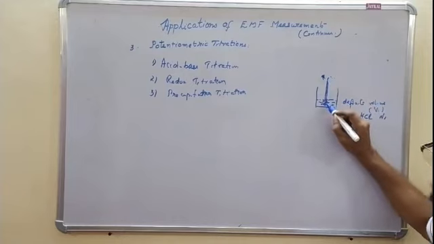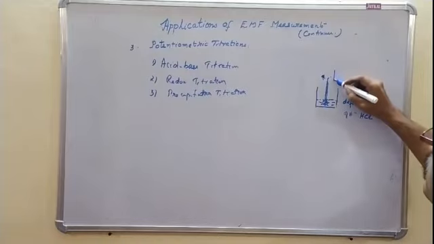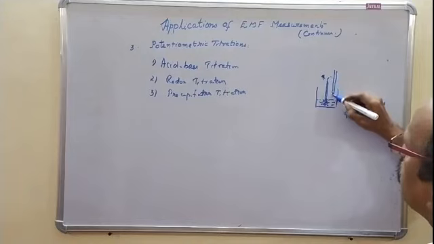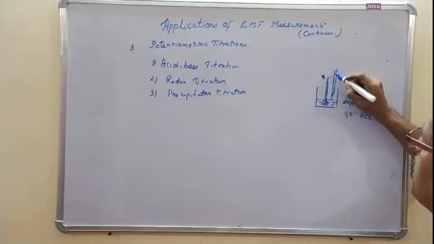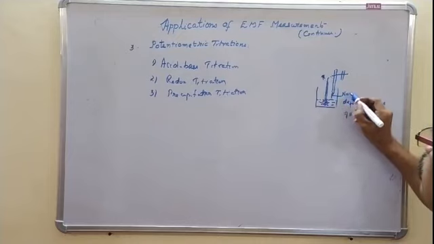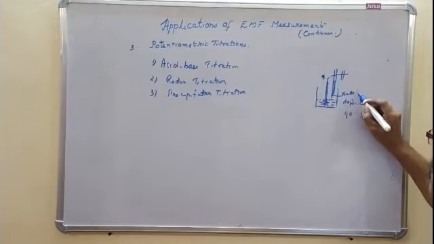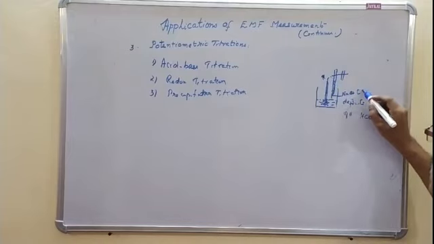This is a hydrogen gas electrode, or glass electrode, which is dipped in the solution, and NaOH is added from the burette. This is the alkali, and the alkali in most cases is a standard solution of normality N2.